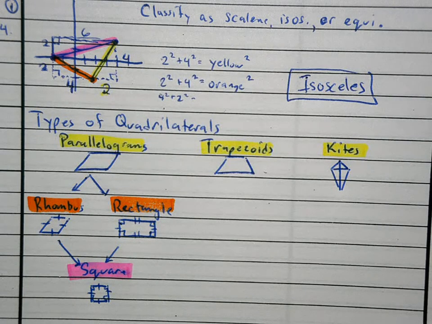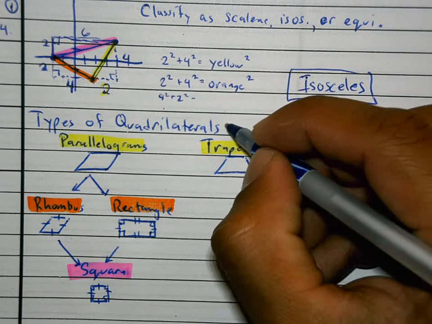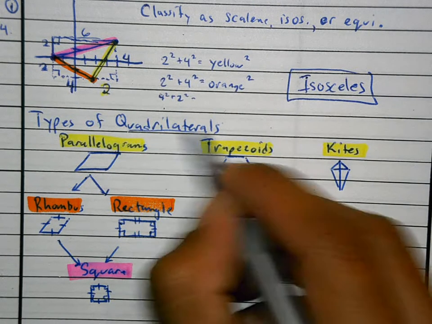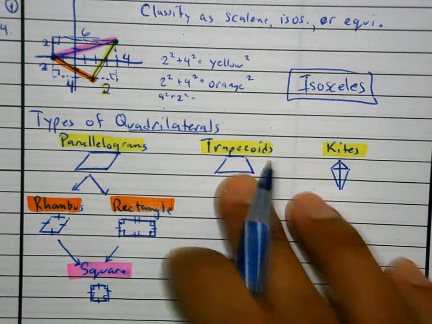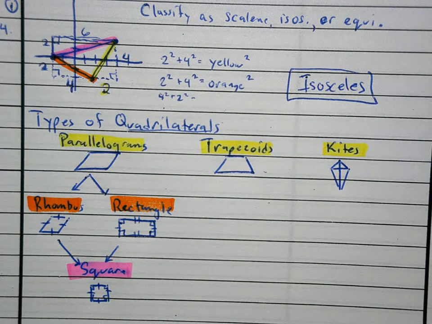So we have three different types of quadrilaterals. We have parallelograms, trapezoids, and kites. Those are the main classifications.